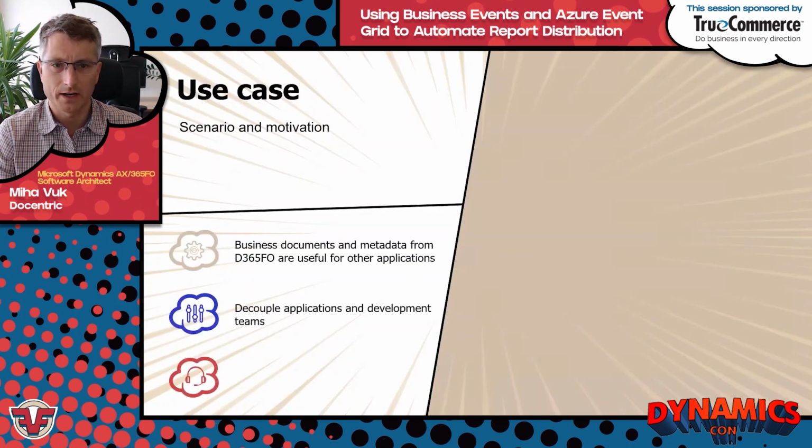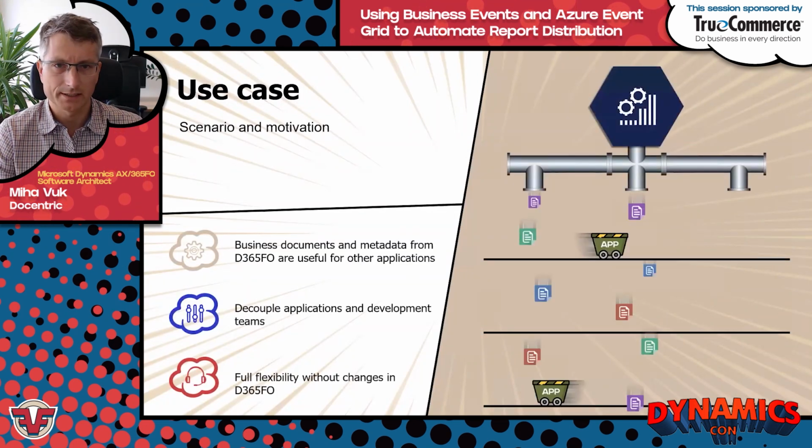Dynamics 365 for finance and operations as a central ERP system produces many business documents that are useful for other applications. Besides the content of each document, each document has a set of metadata that are essential for its use. We want to show how simple it is to give these applications the documents and metadata that they need.